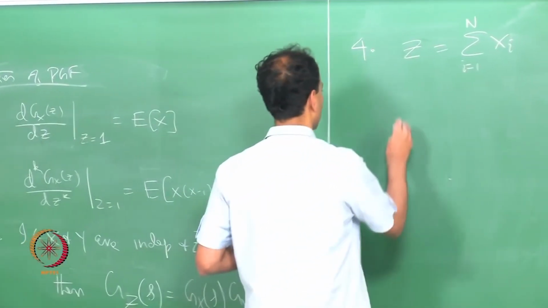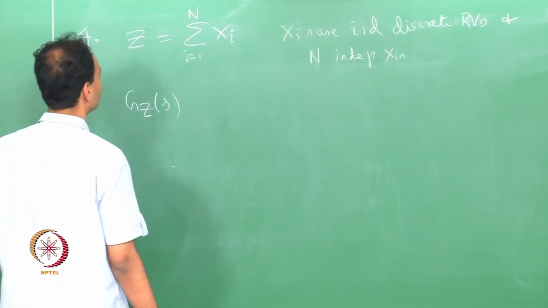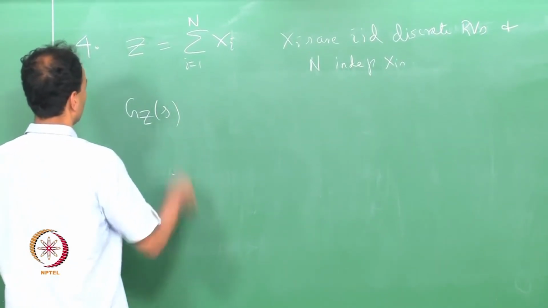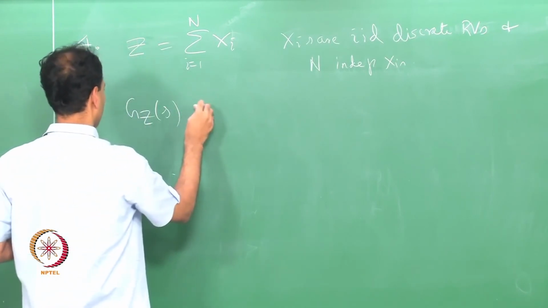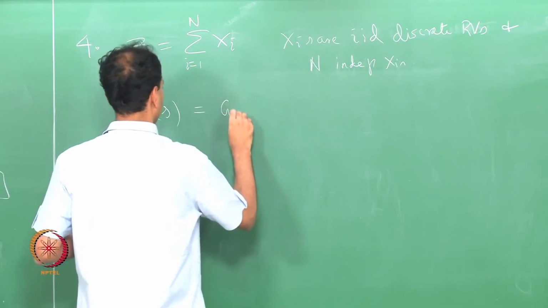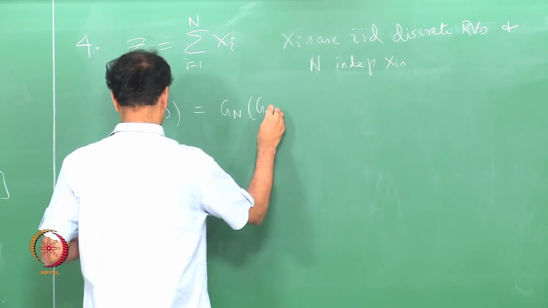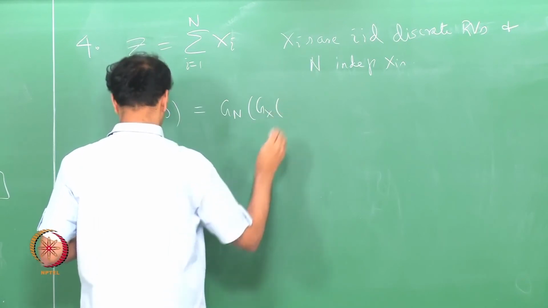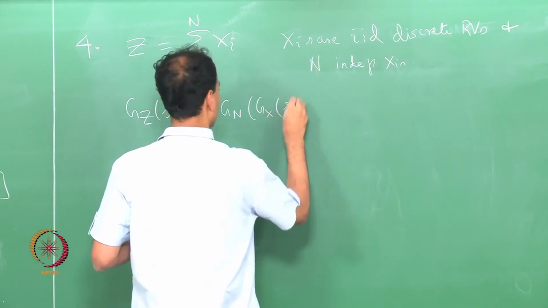In this case you can show that g z of s, which you can denote by g big N, is equal to g n of g x of s.